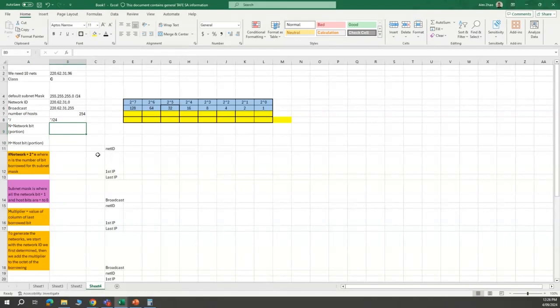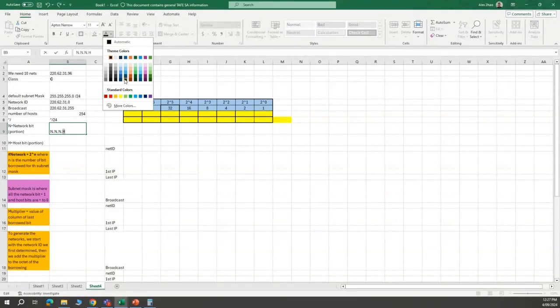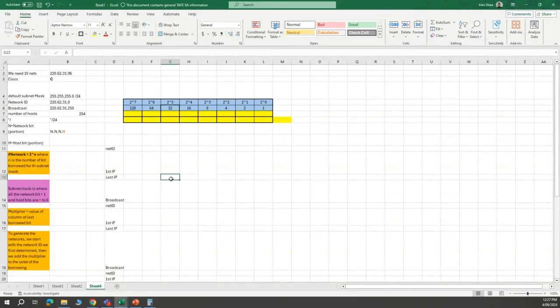And then obviously if it's class C, same as before, it's going to be n.n.n.h. And if you remember, the dot h, or the last octet, is where we need to do the borrowing in a minute.